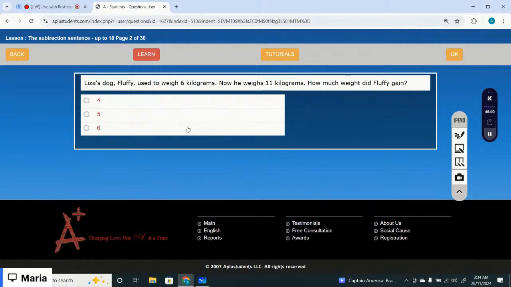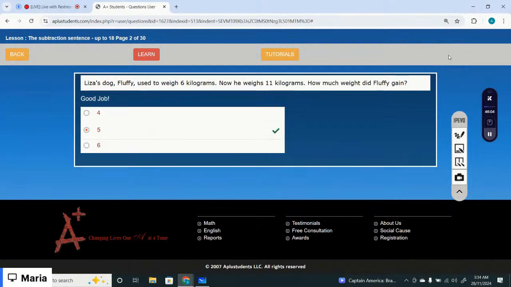That is 11 take away 6 is 5. That means he gained 5 kgs. The correct option is 5.